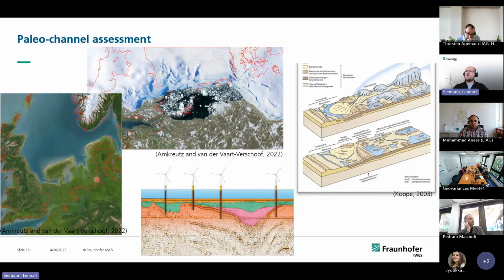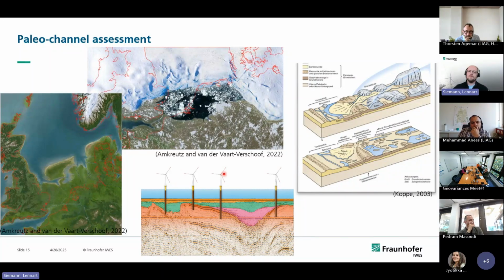And those events, of course, caused incisions of the geology and caused different depositional systems. And this is what we see nowadays when we're looking at seismic data, where we have, for example, tunnel valleys created by glacial events, or also just normal river channels created by the paleo rivers, which are nowadays basically ending at the shoreline.